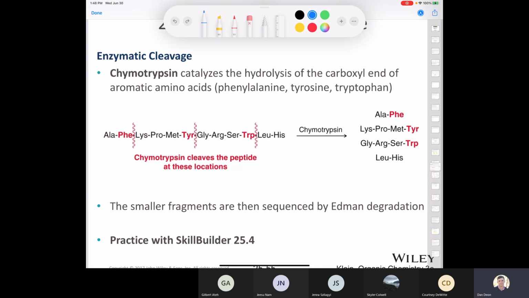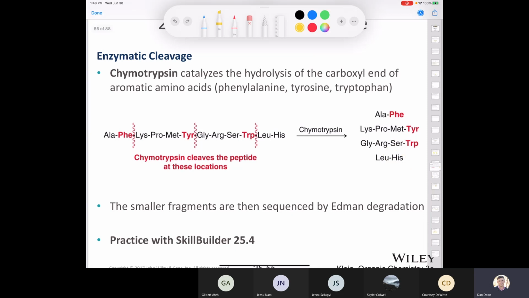Because we break it on the C terminus, or the carbonyl side of phenylalanine, tyrosine, and tryptophan. So this time we get 4 fragments. You see that these 3 all end with those 3 amino acids of interest, but the last one ends with histidine. So again, that must be our C terminus.